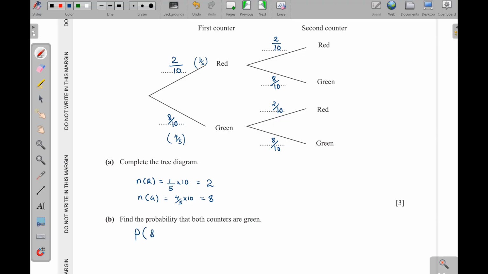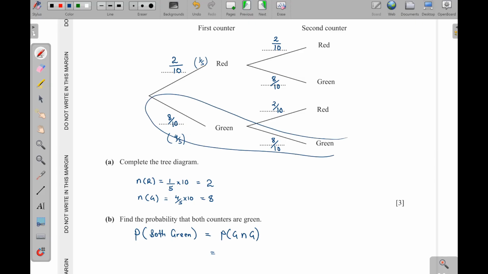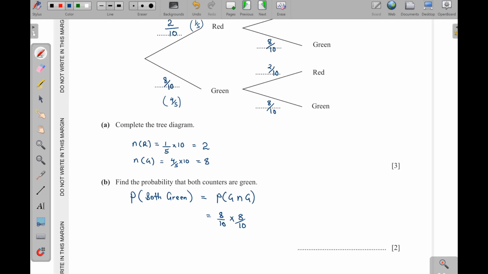Then next, find the probability that both counters are green. Probability of both green. So that means the first one you picked was green, then followed by another green one. So we just multiply through the branches here. So we shall have 8 out of 10, then times 8 out of 10. And this one will give us 64 out of 100, which you can write as 0.64.